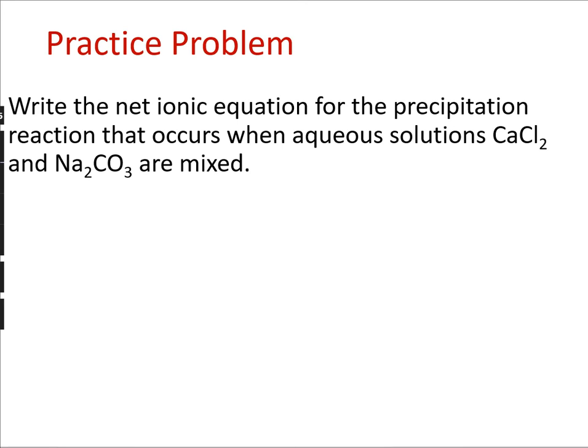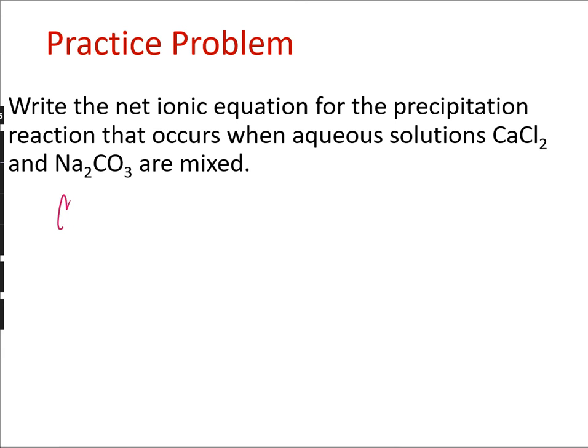So in order for us to do the net ionic equation, we have to identify the molecular equation, the ionic equation, identify spectator ions, and then we'll know what our net ionic equation is. So if we get started, we can show what our molecular equation is for this reaction.